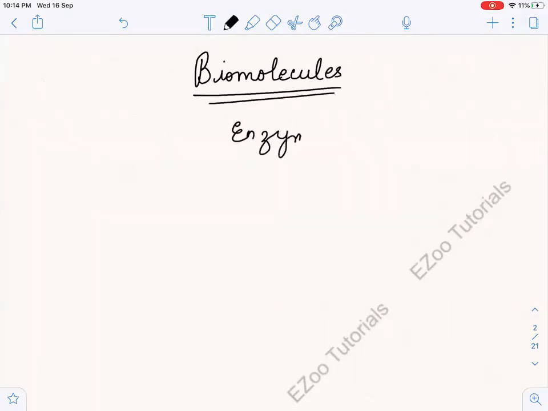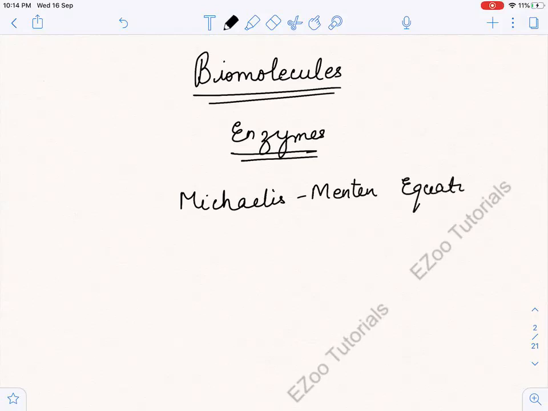So we are continuing with the chapter of biomolecules, right? And today the subtopic which we are going to do is enzymes. And in enzymes, we are going to do a very important thing, that is the Michaelis-Menten Equation. Many students just skip it, they don't understand it. Why don't they understand it? Because they don't try to derive it.